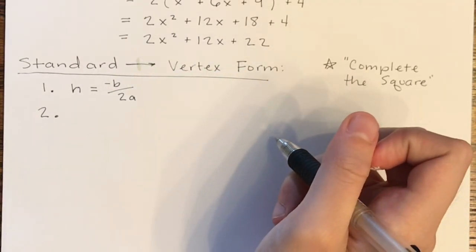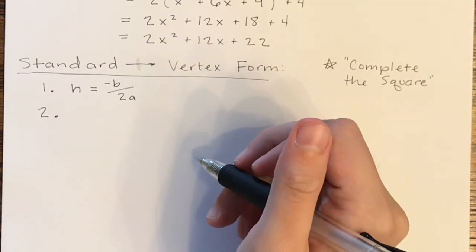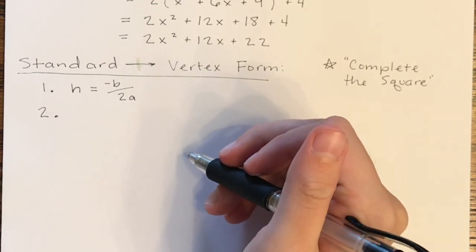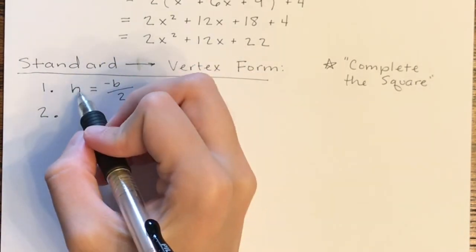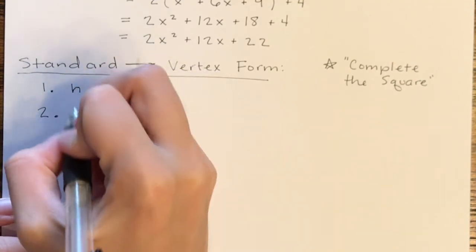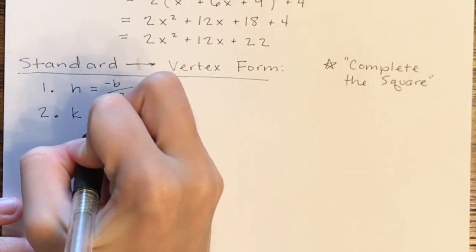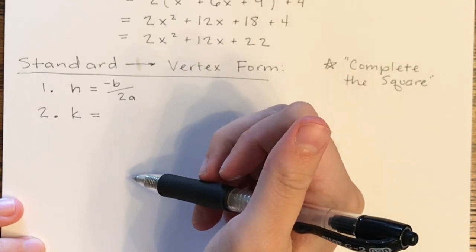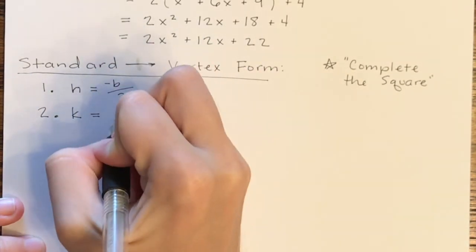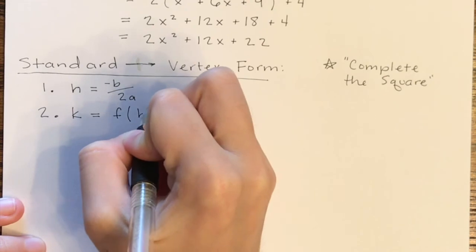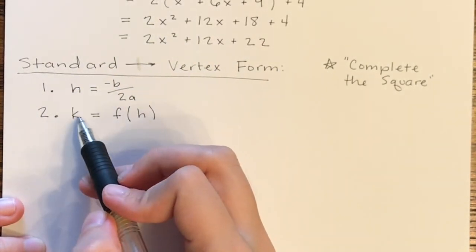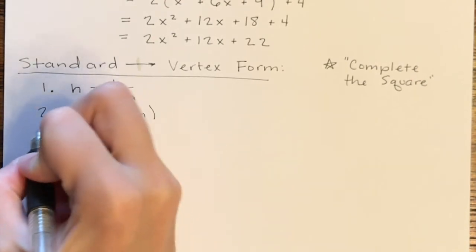How can we find k? Well, we know that k is the y value on the function at the x value h, right? So how do we find the y value of something at a certain x value? We plug it in, right? So we find f of h, and that will give us k. So then we'll have h and k from our formula.